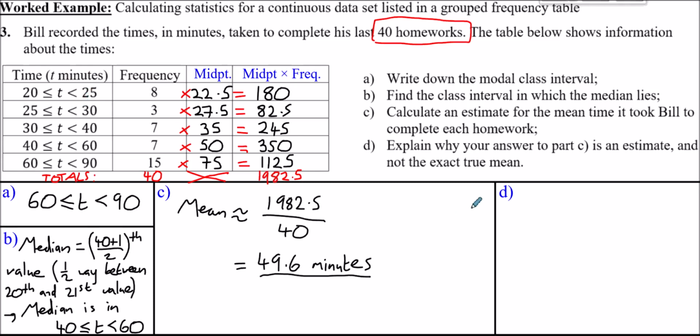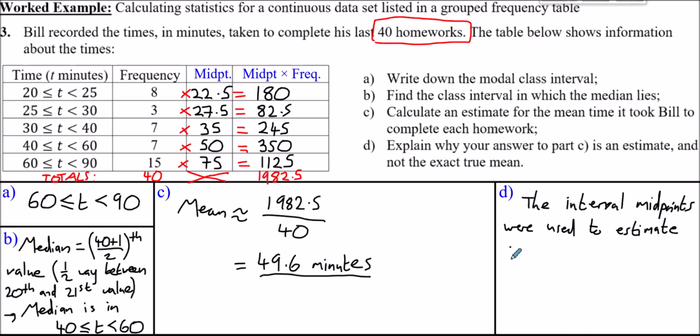So to put it simply, for part D, we just say something along the lines of the interval midpoints were used to estimate the actual times in each interval.